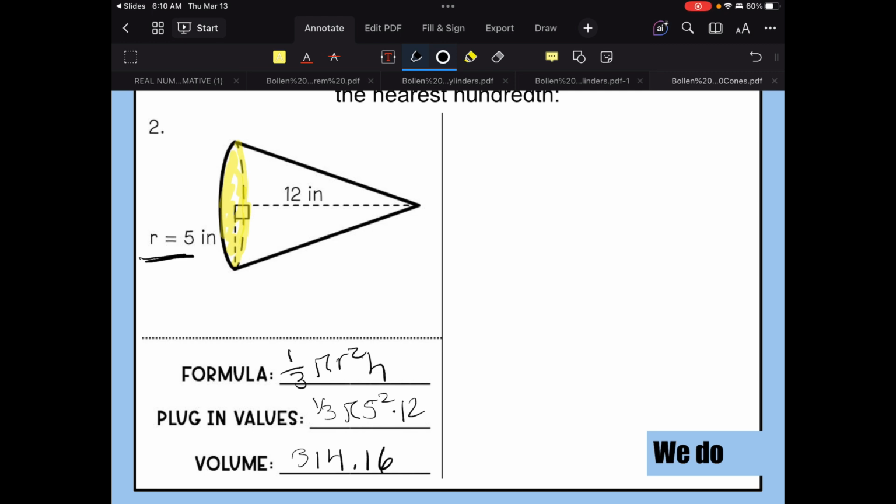So when you multiply that all out, that is what you get.